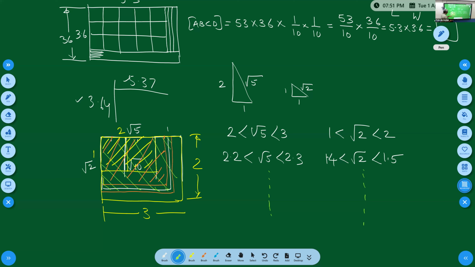We are sandwiching the required area between the areas which are measurable by our method. And the gaps are going to be substantially reducing in the limiting case. If we continue this process, then the required area is going to be length into width.